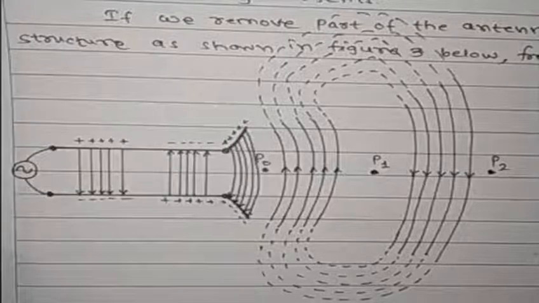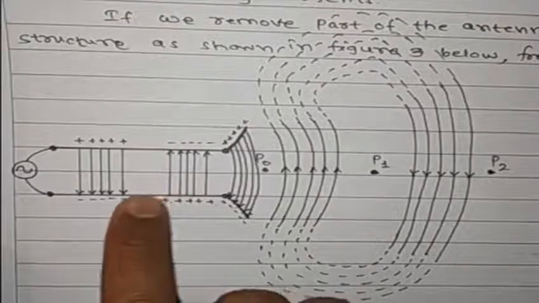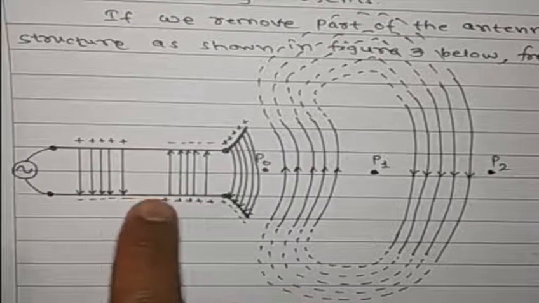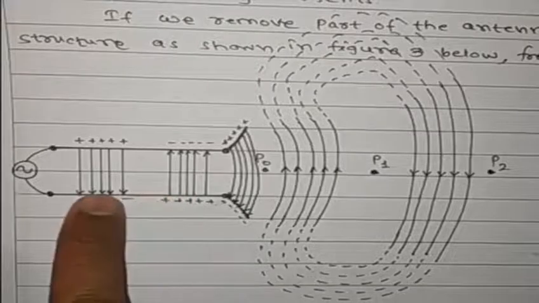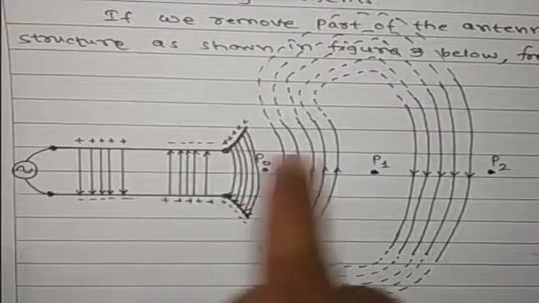These bunches indicate the creation of time-varying electric and magnetic fields between the conductors, and an electromagnetic wave is formed which travels along the transmission line as shown in this figure.